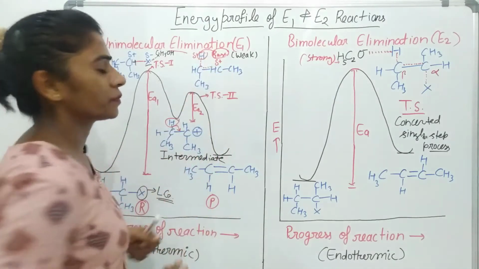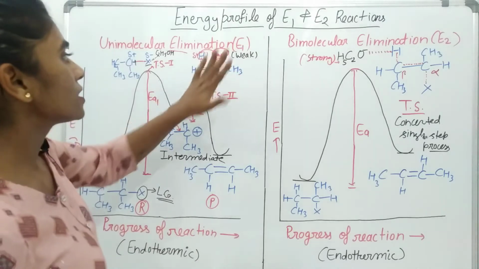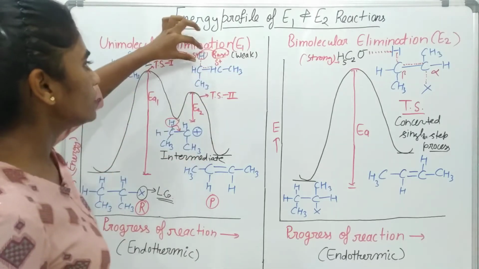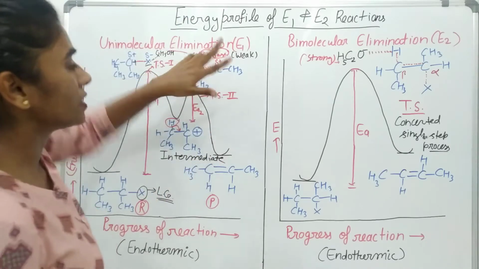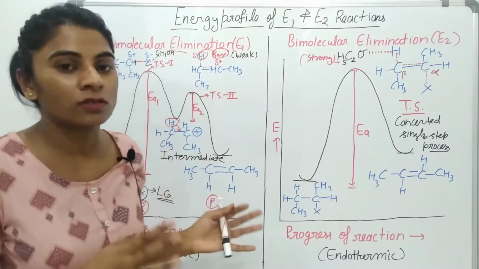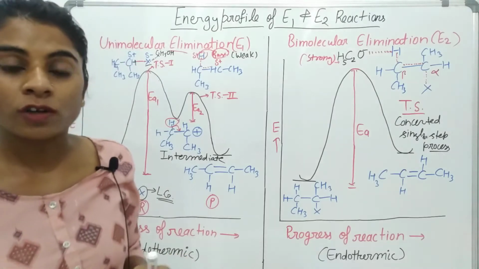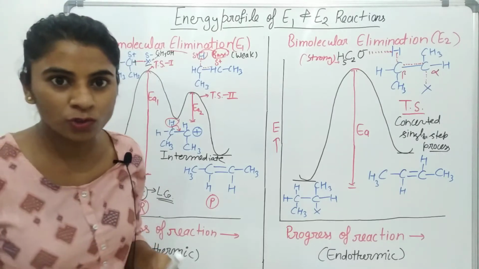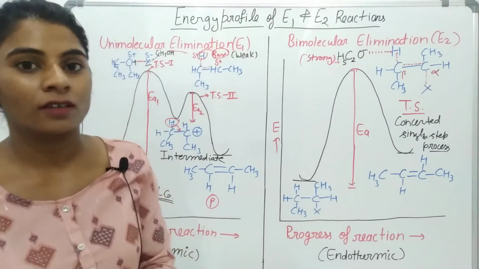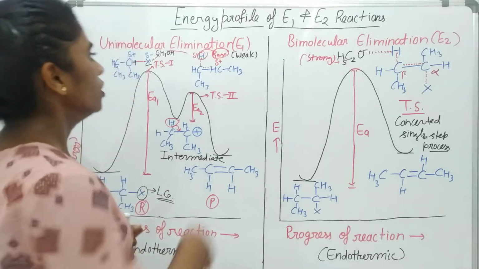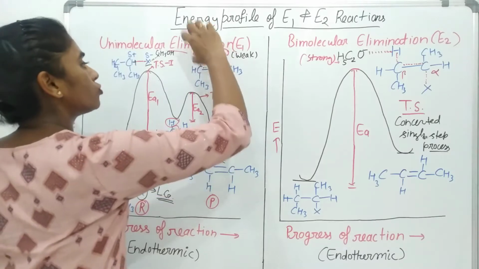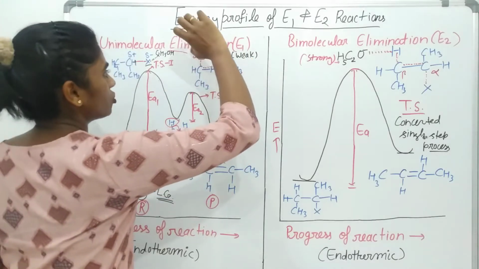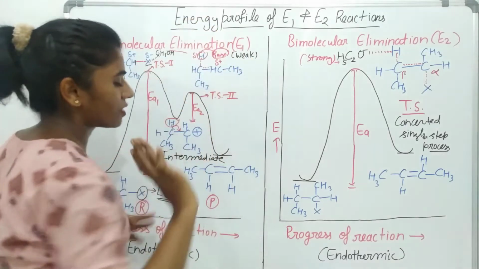This base is going to pull out this hydrogen from this carbon, because it is a base. So what do bases do? Bases are looking for the donation of their electrons to an electron deficient atom or site. So the base is going to detach this hydrogen from this carbon.